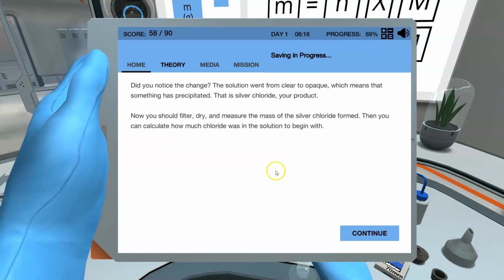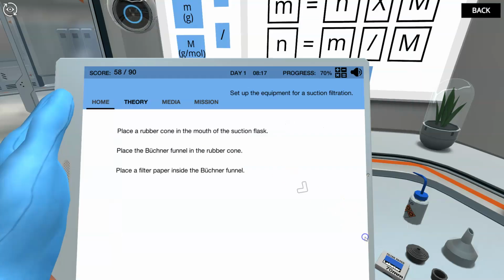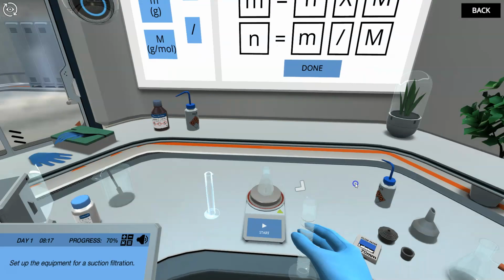Did you notice the change? The solution went from clear to opaque, which means that something has precipitated. That is silver chloride, your product. Now you should filter, dry, and measure the mass of the silver chloride formed. Then you can calculate how much chloride was in the solution to begin with. Set up the equipment for a suction filtration.